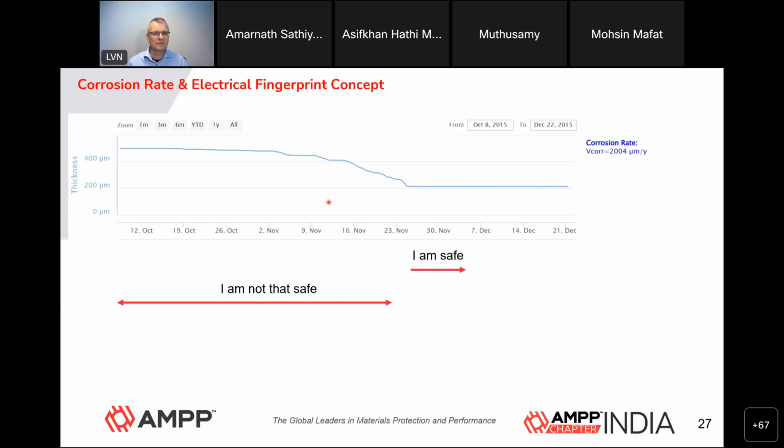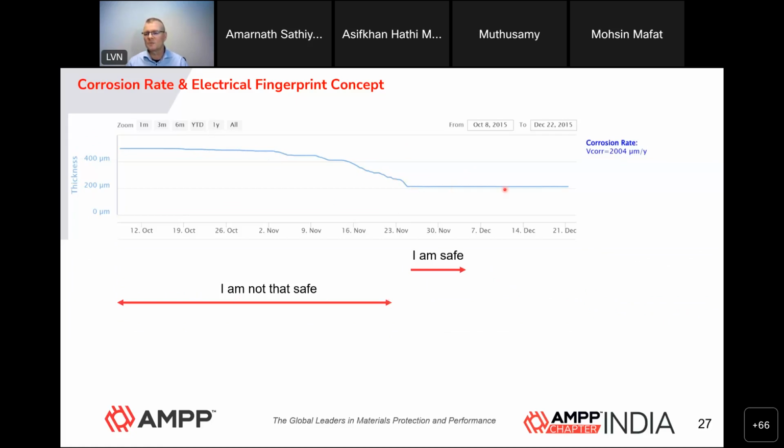If you measure the ER probe or the corrosion rate concept, your eyes would be on the thickness of the ER probe, and as long as the thickness is not decreasing, you are safe because there's no corrosion. In case the thickness of the probe starts decreasing, this is a sign of corrosion, and you would say that you are not safe in this area.